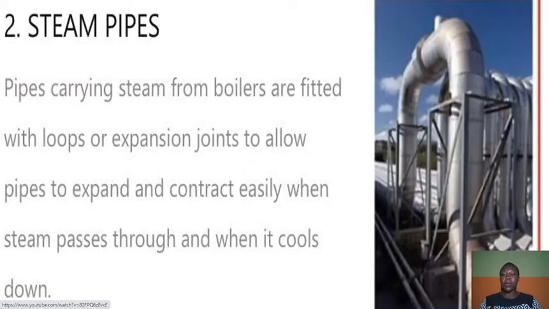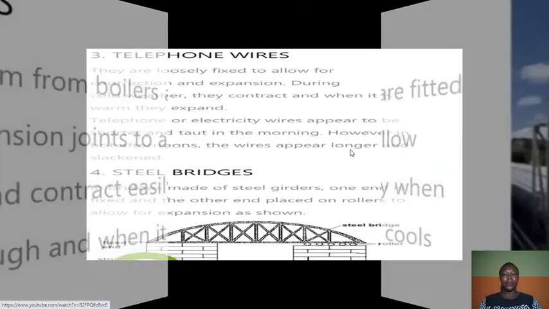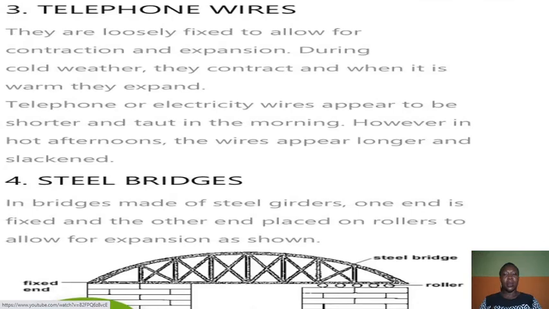Steam pipes. Pipes carrying steam from boilers are fitted with loops or expansion joints to allow pipes to expand and contract easily when steam passes through and when it cools down. Telephone wires. Telephone wires are no more in vogue because most of us now use wireless phones.